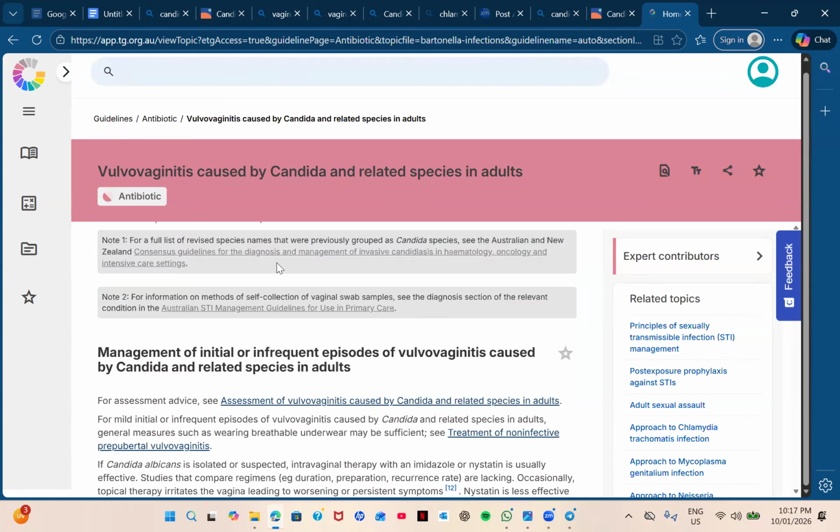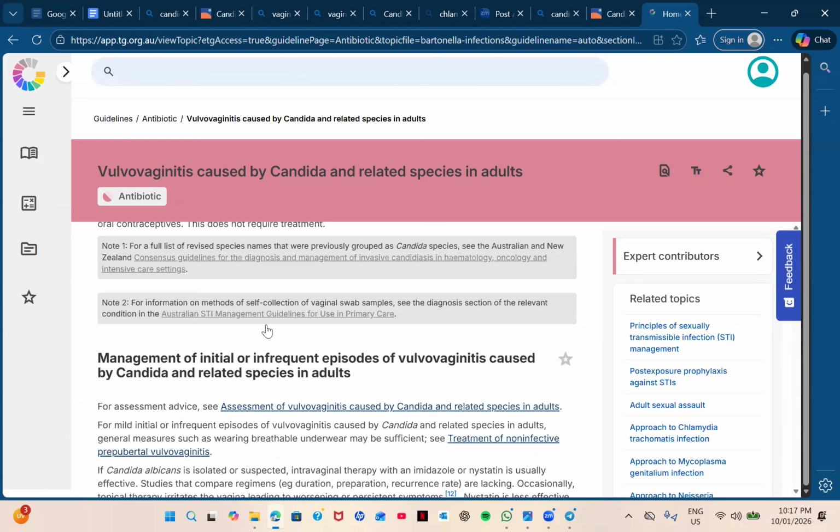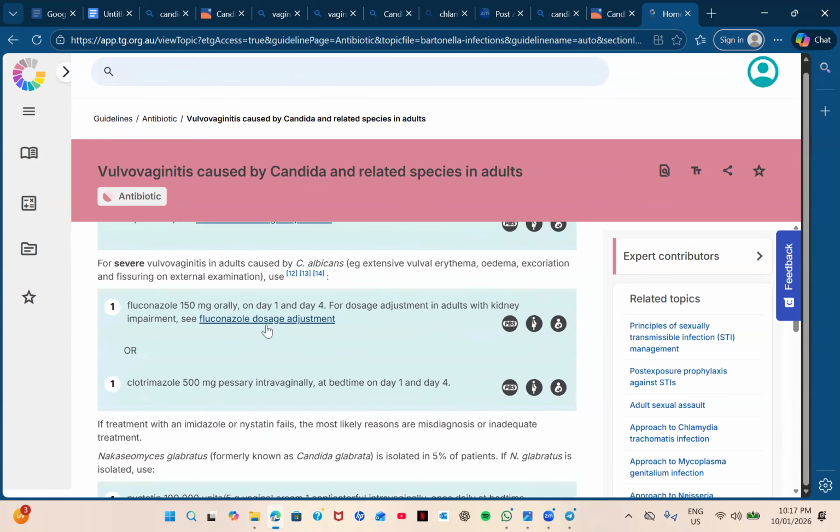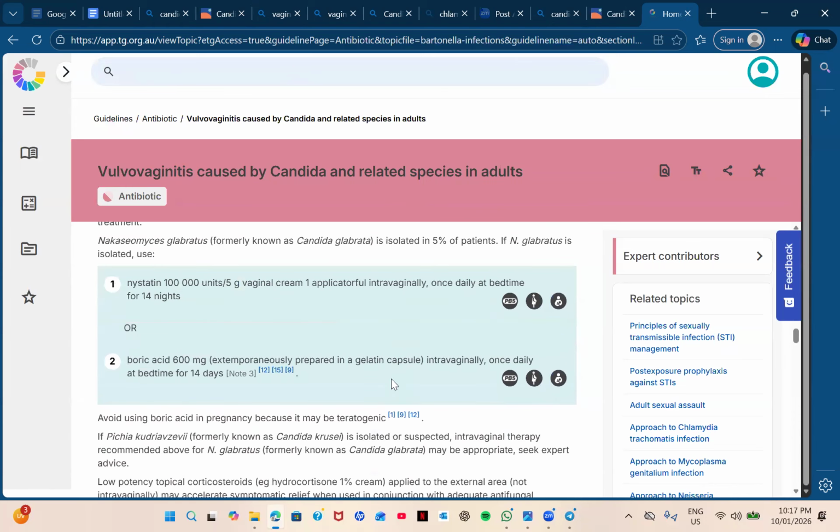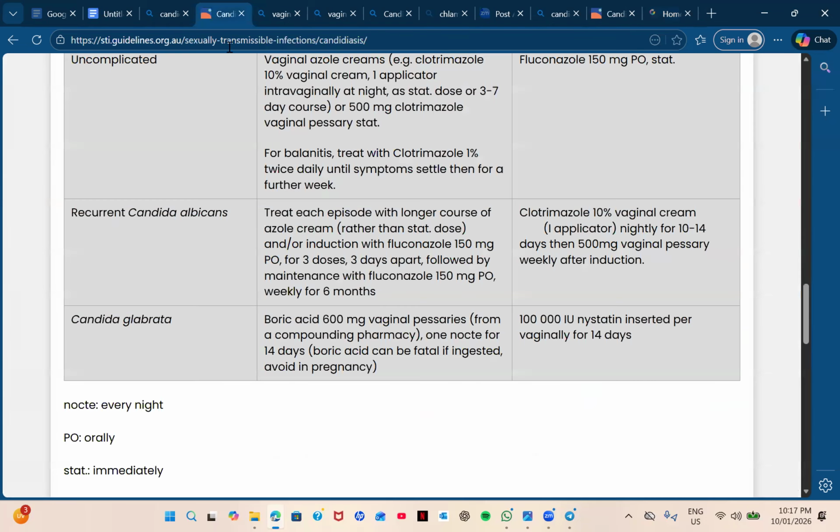So in this case, this is from the therapeutic guideline, and this question was asked in October. They have given that after confirming with the culture, they confirmed Candida glabrata, and the patient had already used an azole cream, not nystatin or anything, an azole cream.